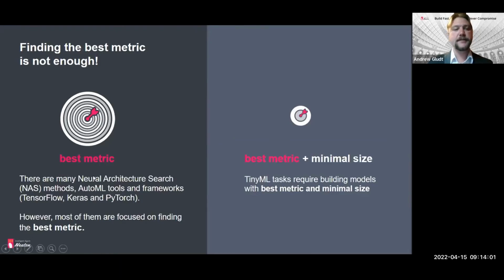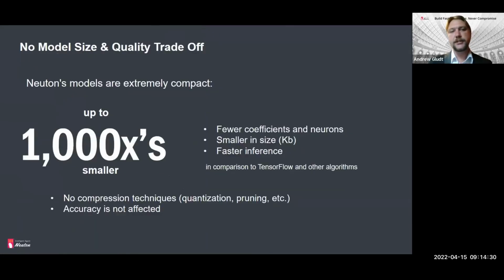There are lots of different ways to leverage machine learning, like neural architecture search, other AutoML tools, or TensorFlow-like, Keras, etc. What we do is optimize the model in that one iteration at a minimal size, because we're actually building the model from the ground up, neuron by neuron, rather than taking a fully connected network and then doing some of those compression techniques.